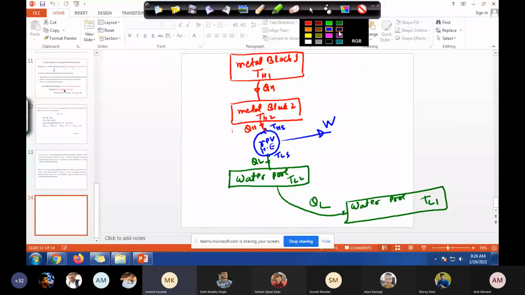Now I am drawing my system boundary, and I have the following conditions given.